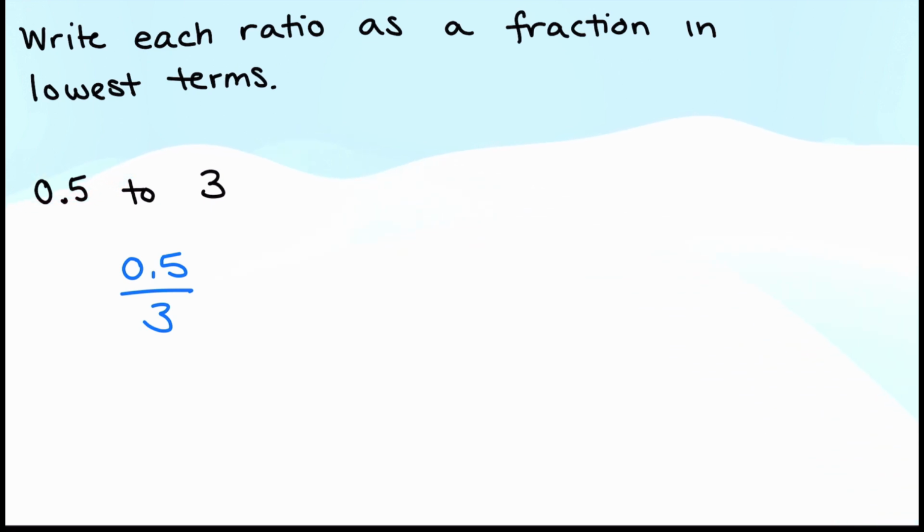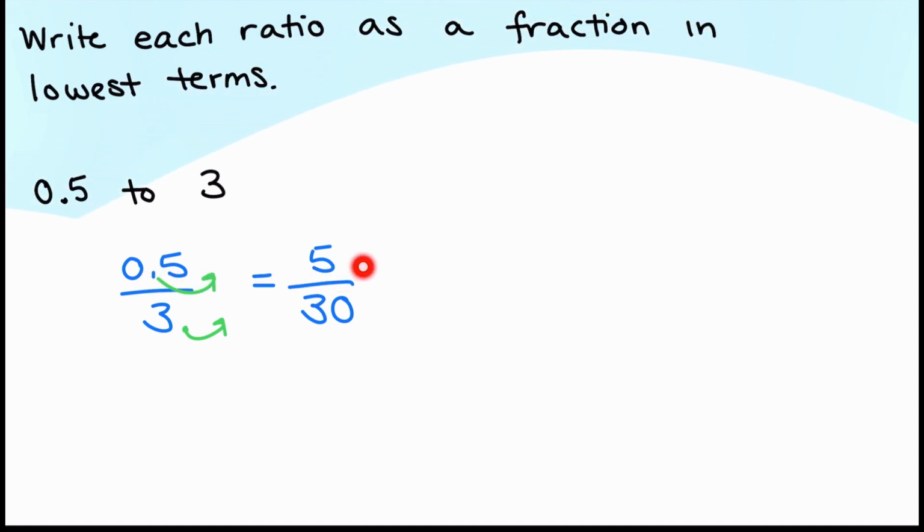And so if I multiply the top and bottom by 10, or just move the decimal one place over on the top, and then one place over on the bottom, that'll get rid of or clear that decimal. So that gives me, if I move the decimal one place over on the top, I've got a 5. One place over on the bottom, 30. And so now we have the fraction 5 over 30.